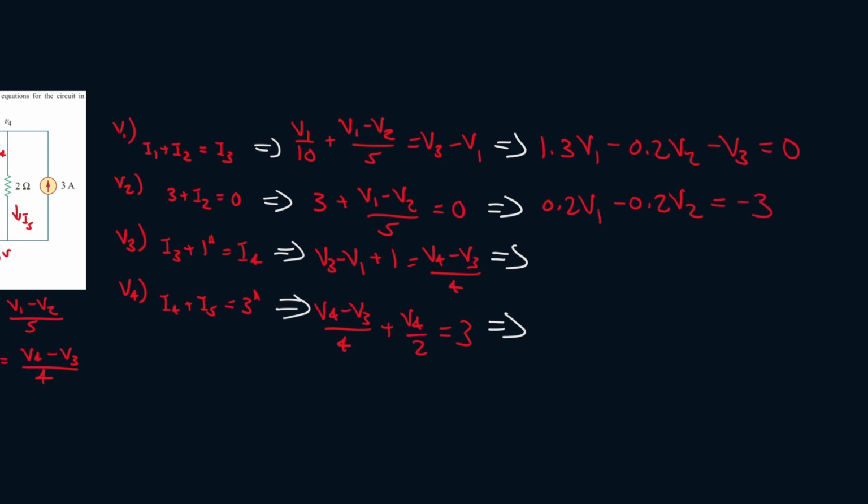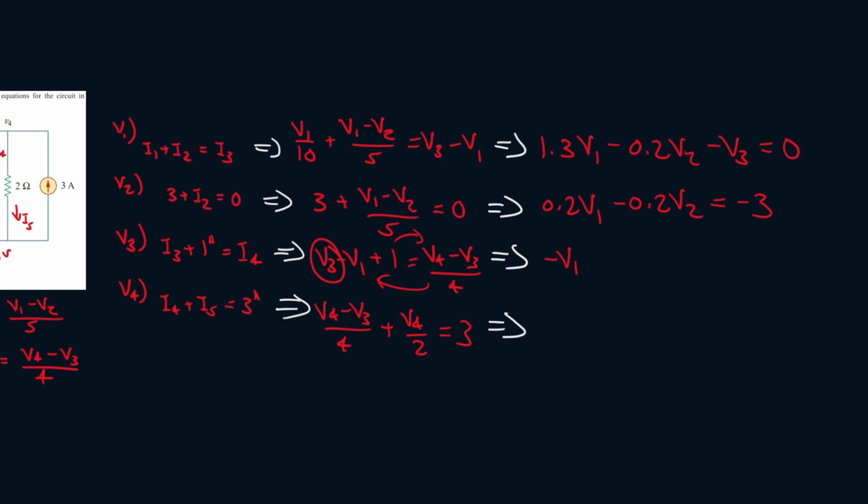Okay, so now the next one, let's bring this to the other side here, and then bring the 1 to the other side. So it'll be minus V1, and then V3 plus V3 over 4, because it's this minus V3 over 4 here, and we brought it to the other side, it turns into plus V3 over 4.